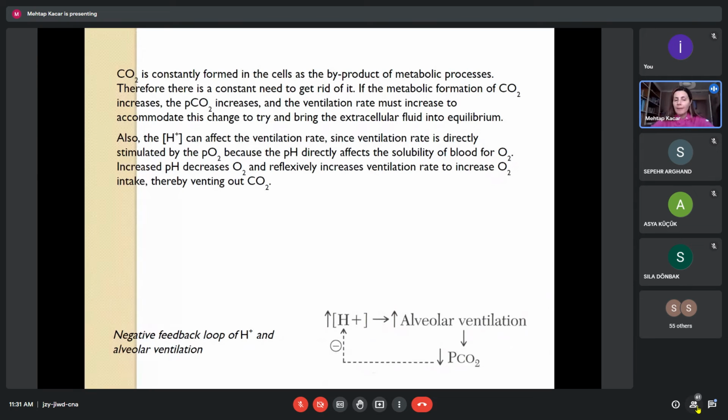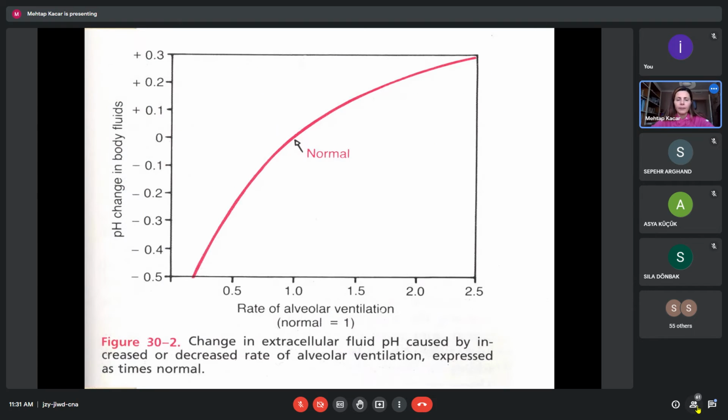Via alveolar ventilation, we excrete this carbon dioxide, and finally we gain water and we excrete one hydrogen ion this way. And you can see here the relationship between pH and alveolar ventilation rate: the change in the extracellular fluid pH caused by increased or decreased rate of alveolar ventilation.